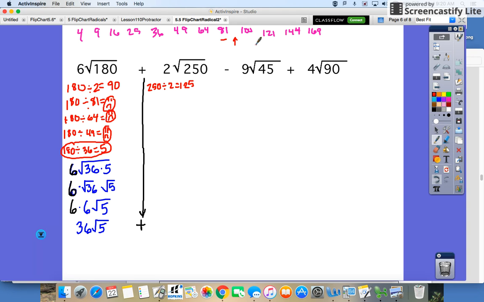In our list, 125 is now somewhere in here. So we can start by doing 250 divided by 121 first. And I can tell you it's no good. It's going to be a decimal. Then we'll try 250 divided by 100. That's going to be 2.5. It's also no good. Then we'll do 250 divided by 81.